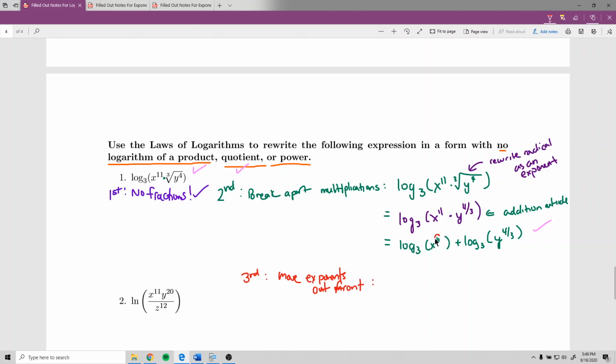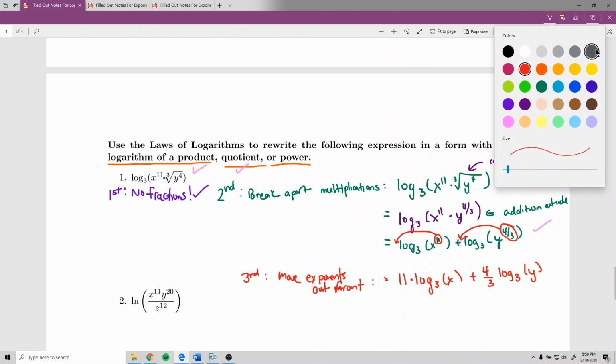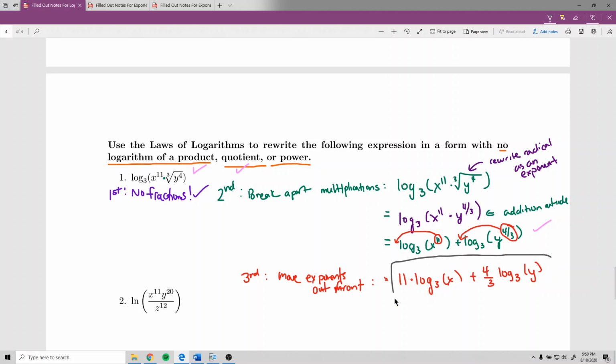So what we mean by that is take the 11 and move that out front of its log. Take the 4/3 exponent and move that out front of this log. We get 11 times log base 3 of x plus 4/3 times log base 3 of y. And that is our final answer.